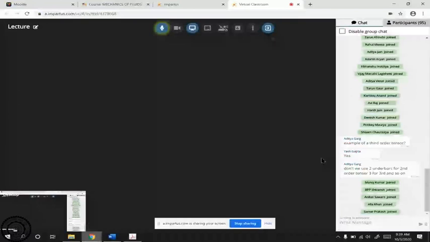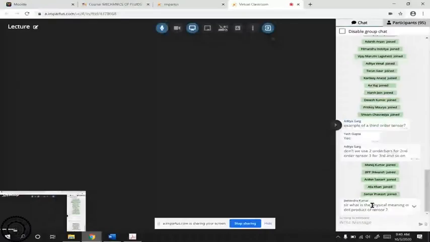Example of a third order tensor. Okay, we will see in fluid dynamics that when you have a turbulent flow field, there is a type of stress that is generated because of fluctuations in the flow field. That stress is second order, and then that stress is transported by another velocity component.